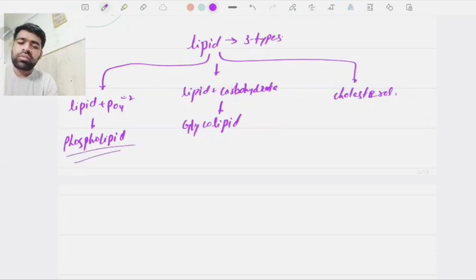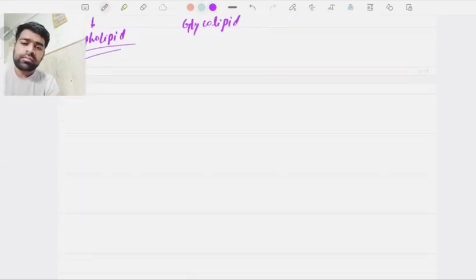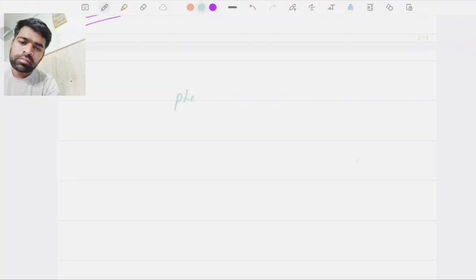First we will explain phospholipid. Five types.